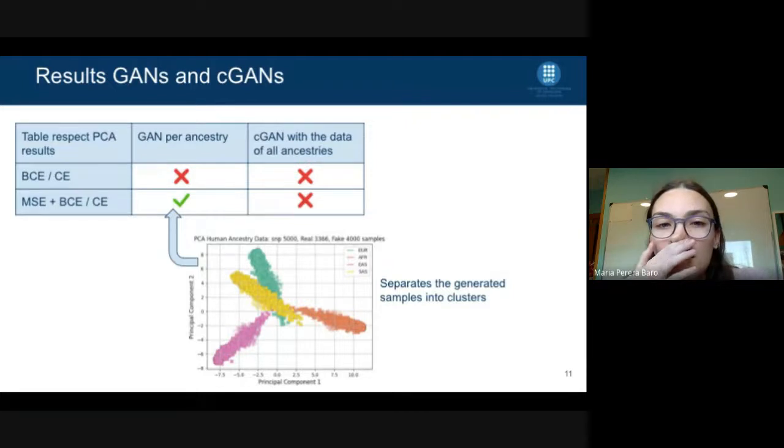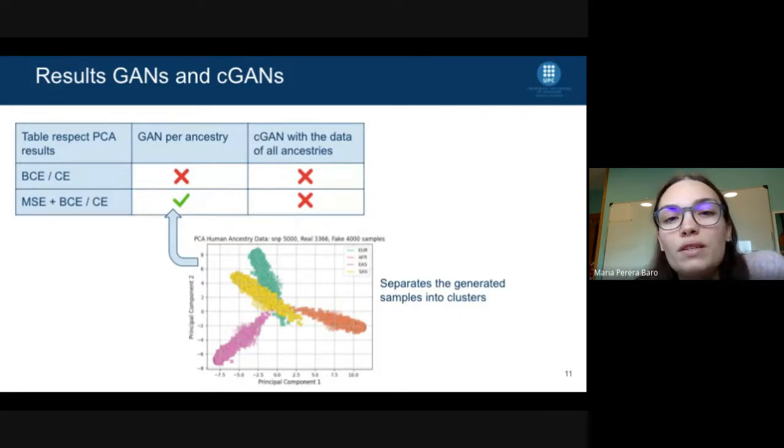We can see that the generated data is separated into clusters, but the samples are not all inside the real clusters. And also the accuracies of the classifiers are almost 100%. So although the samples are separated into clusters, the results are not good.